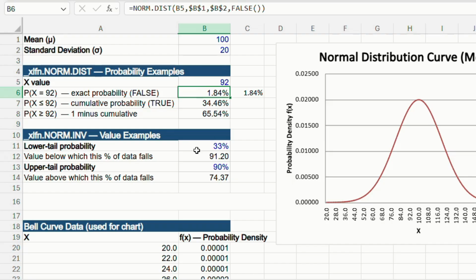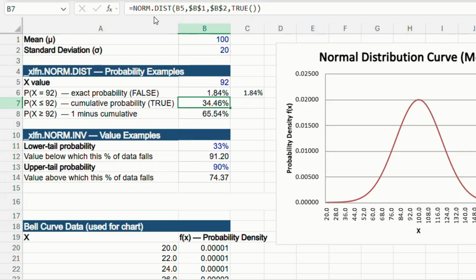So our next question is, if we want the probability of a range, what's the probability of a student who gets a score of 92 or more? That is the cumulative probability. This time we are not looking at one point, we want a whole range. We still use the formula normal distribution, but now we set our last argument to true.